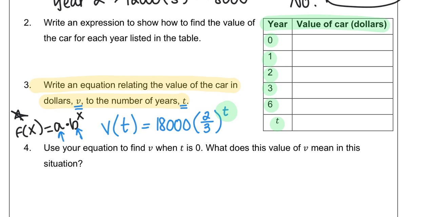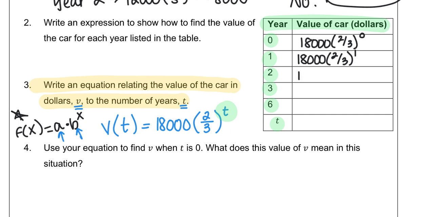So for year 0, we would have 18,000 times 2/3 to the 0 power. For 1 year, we would have 18,000 times 2/3 to the 1st.